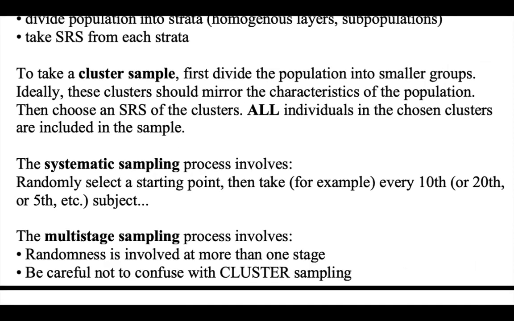Cluster sampling. First, divide the population into smaller groups. Ideally, these clusters should mirror the characteristics of the population. Then choose an SRS of the clusters. All individuals in the chosen clusters are included in the sample. Okay. I want to give a survey to parents of students at Central High School. A cluster sample would look like this.